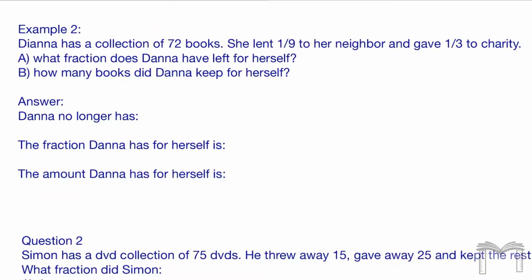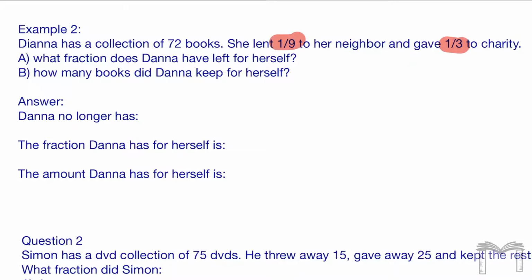Example 2. Diana has a collection of 72 books. She lent 1/9 to her neighbor and gave 1/3 to charity. What fraction does Diana have left for herself? So we are seeing that she lent 1/9 and gave 1/3.